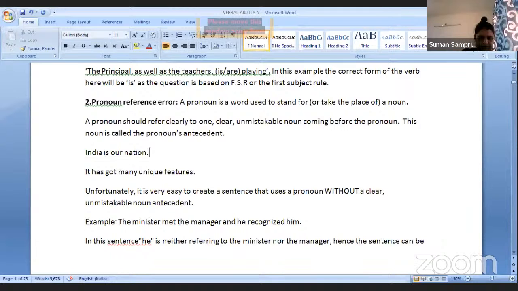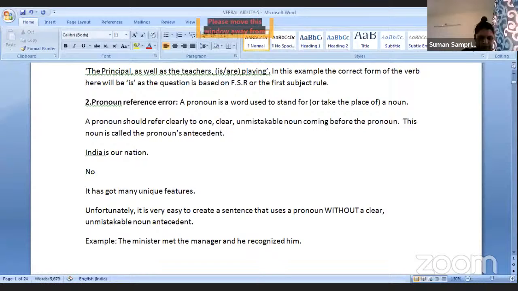A noun, and this it will mean the pronoun.